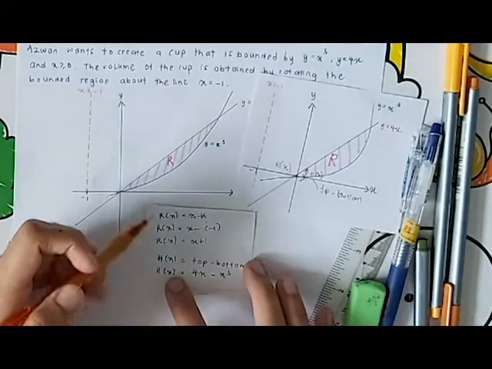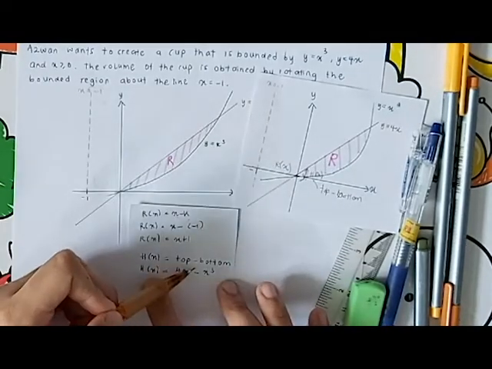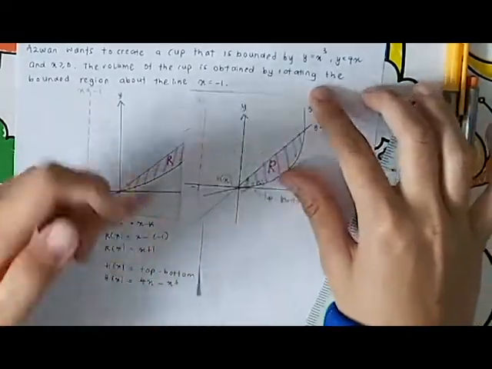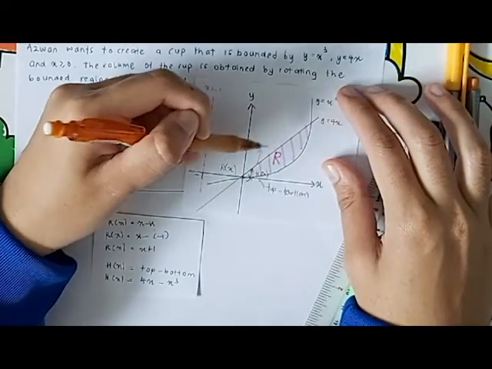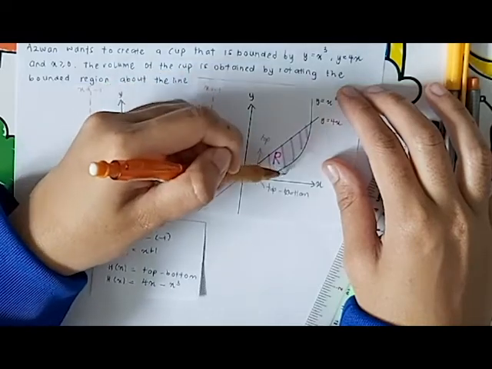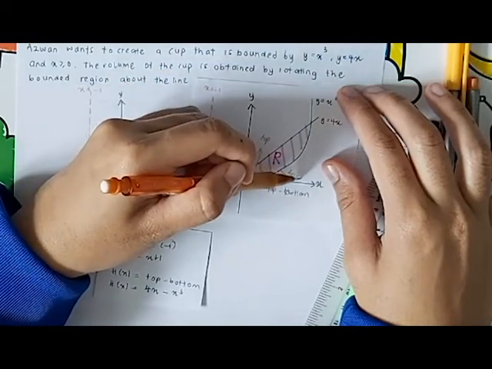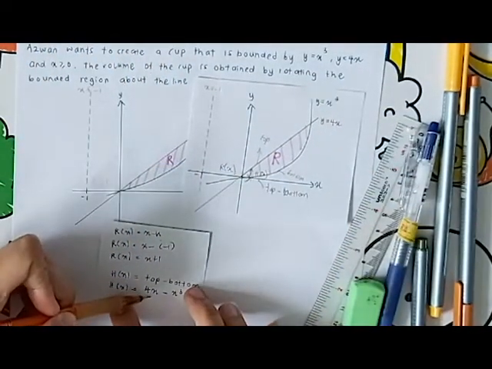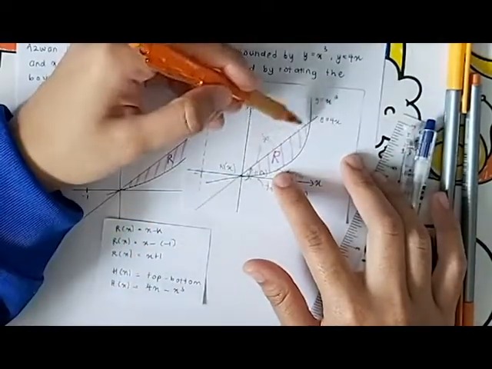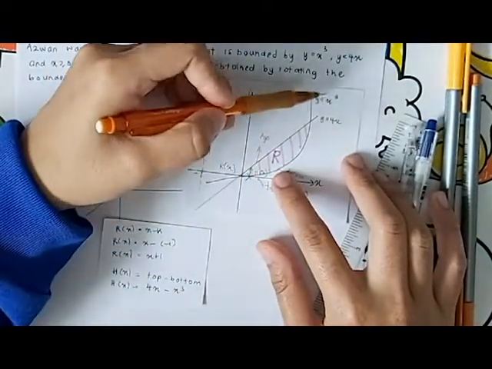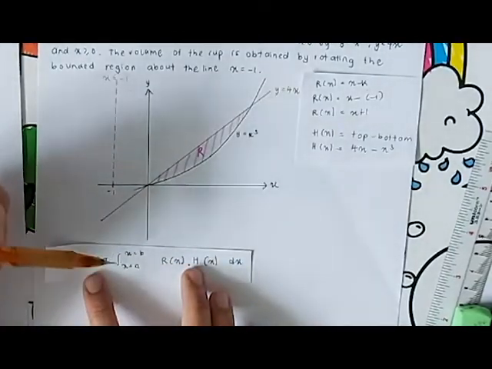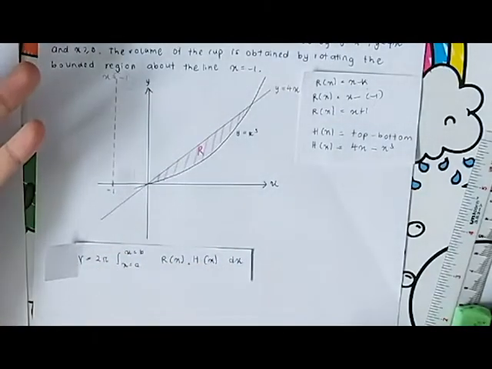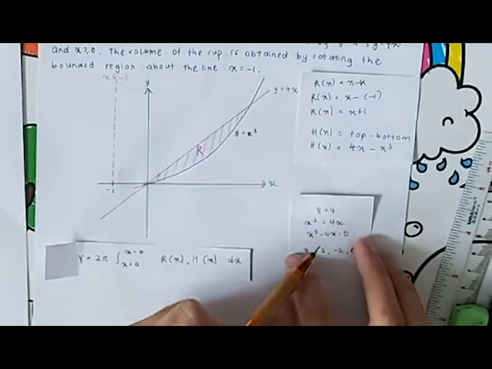And for h(x), it should be top minus bottom. As you can see, this is top and this is bottom. So for h(x), this line minus x cubed. So to find the values of a and b, how do we do that? So we need to do this.